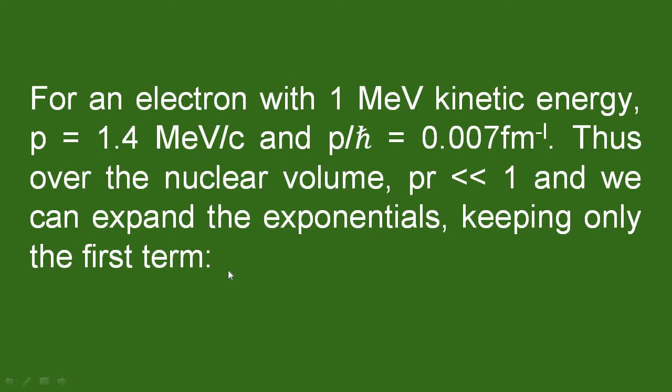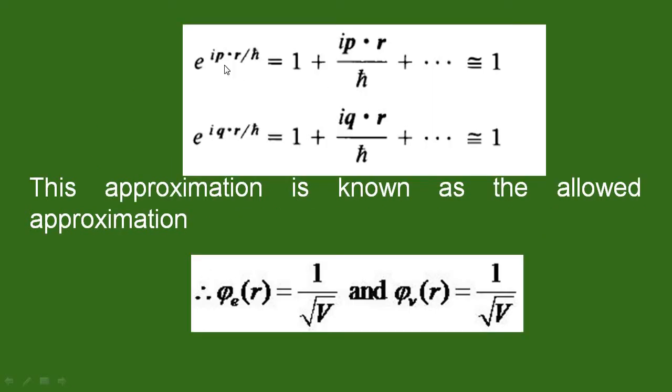That means you expand e raised to i p dot r by h cross in the form e raised to x, 1 plus x plus x square by 2 factorial, your binomial expansion. The higher terms are very small, so you can neglect them, and the exponential is approximately equal to 1.